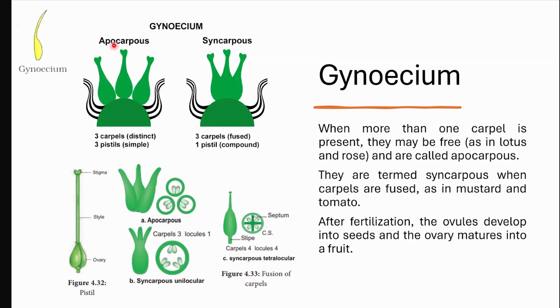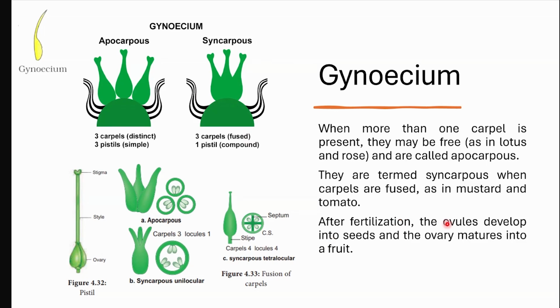This condition is known as apocarpous. They are termed syncarpous when carpels are fused, as in mustard and tomato, right? Over here also there might have been three carpels, but they are fused together. So the stigma and style are different, but the ovary part is fused. So now this is known as syncarpous.